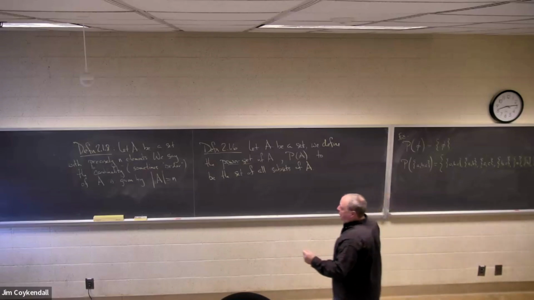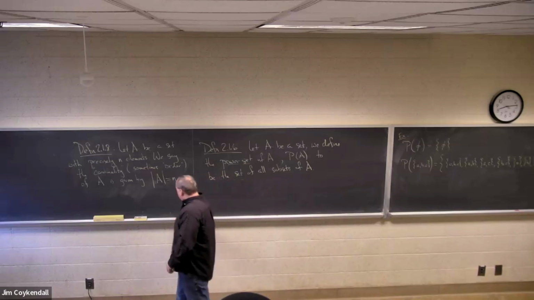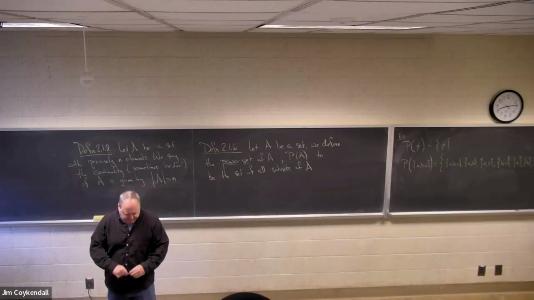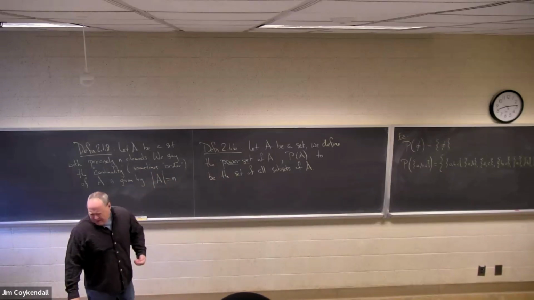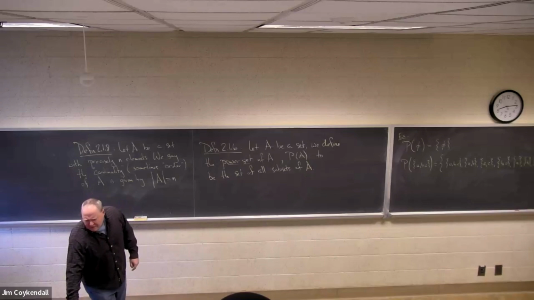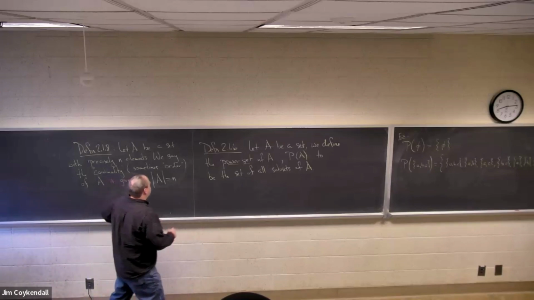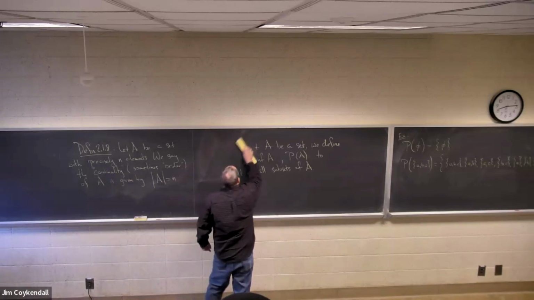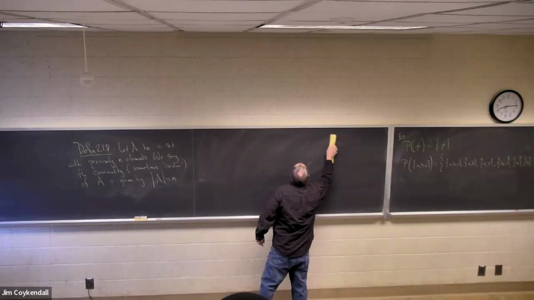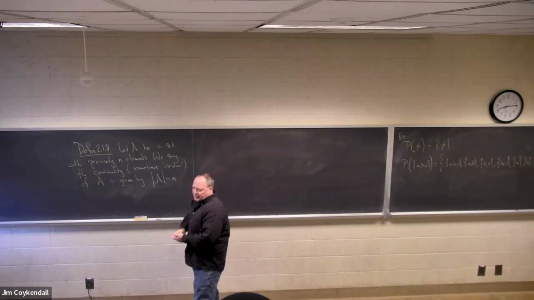But we're going to learn how to distinguish that even further later. Okay. Any questions on that? Okay, so now that I've told you what cardinality of a set is, here's a theorem.